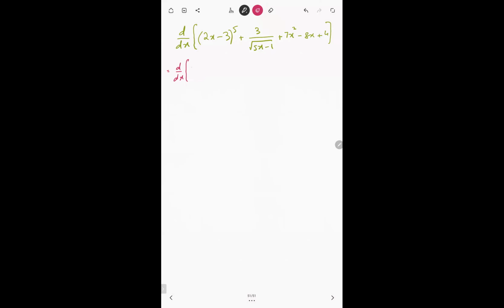In the first step, write everything as it is except the second term, where you have to bring 5x minus 1 into the numerator, to the power minus 1 by 2.